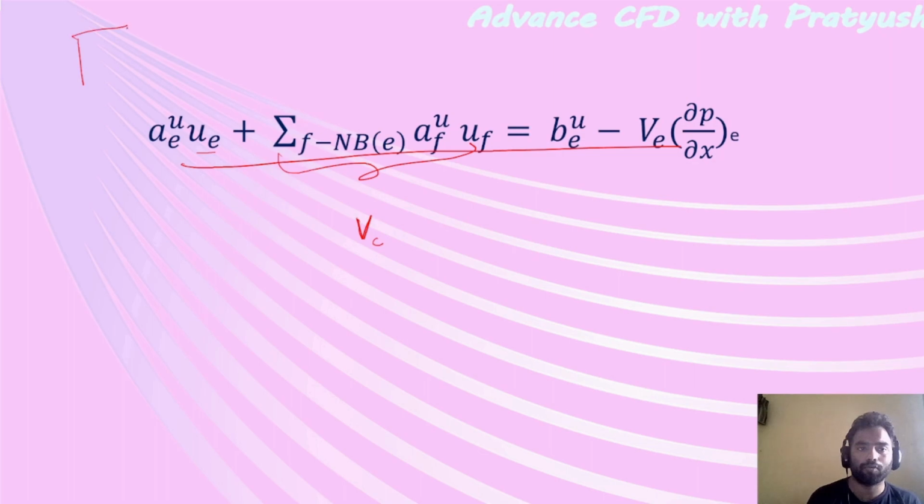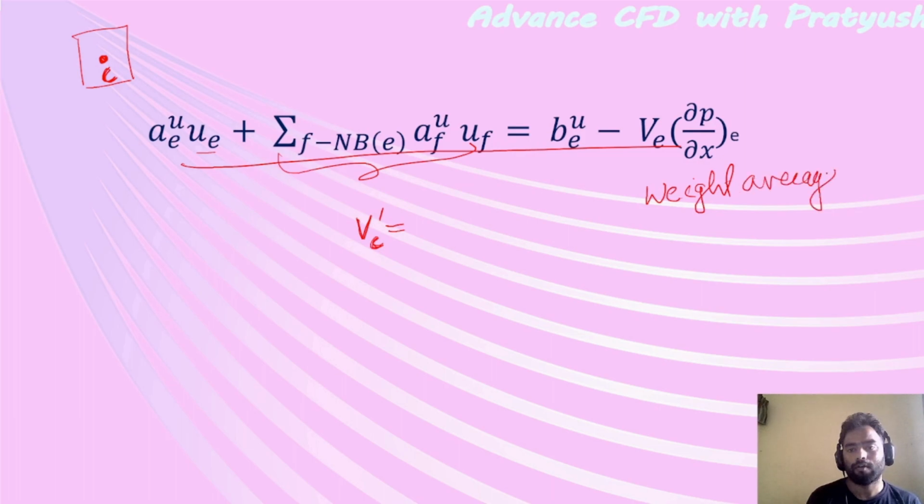So if I draw these cells, this is the C I am talking about. If I want to predict the velocity at this cell center, I write V'C. To correct the velocity field of this center cell, I am taking the weighted average of the neighboring cells.